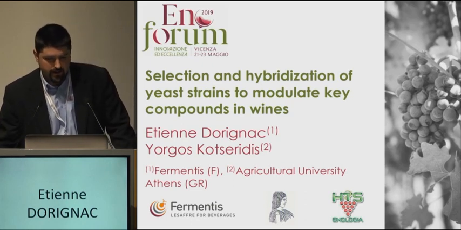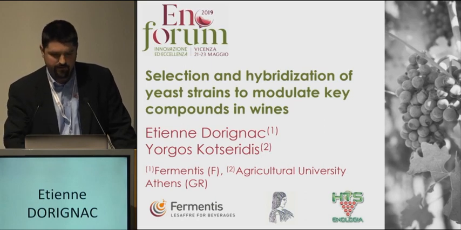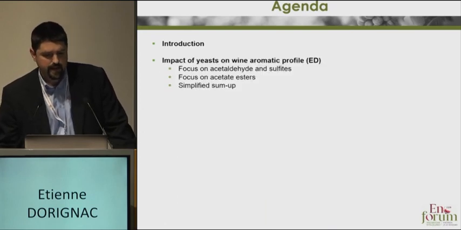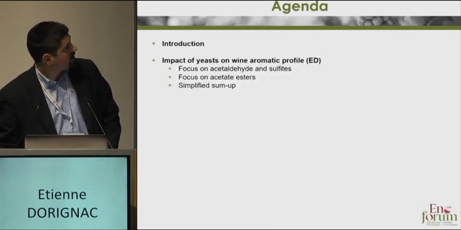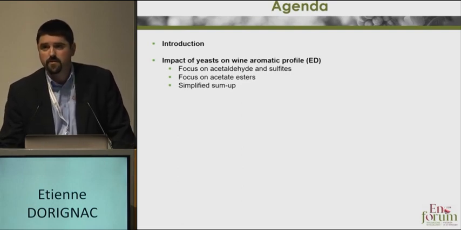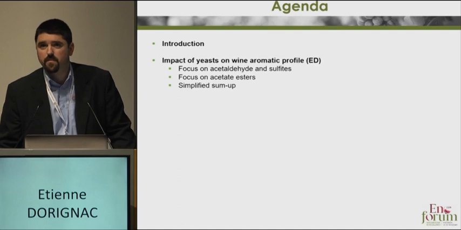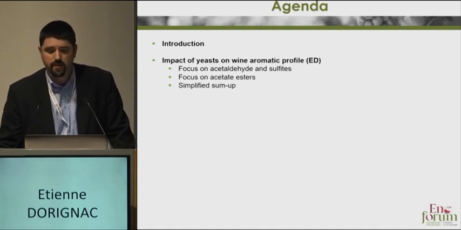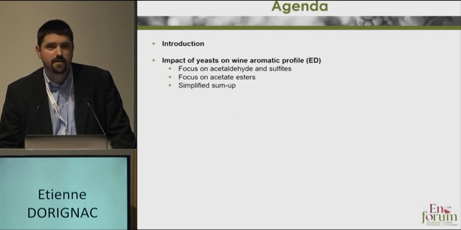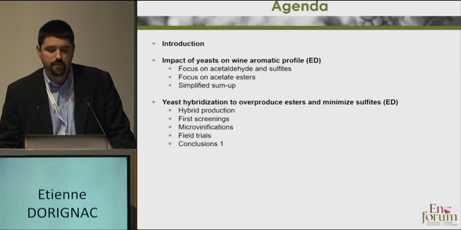So we'll talk about the selection and hybridization of yeast strains to modulate key compounds in wines. I will first talk about the impact of yeast on the wine aromatic profile, with a little bit of focus on acetaldehyde and sulfites, and then focus on acetate esters, and then a very, very simplified sum up.